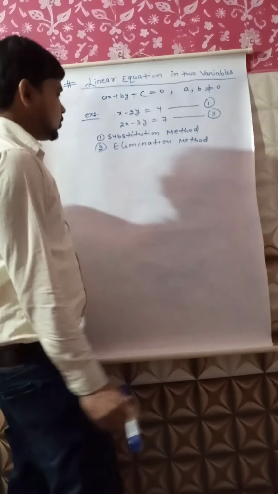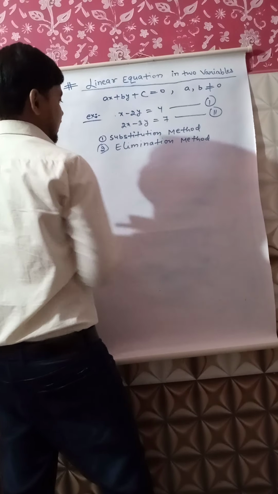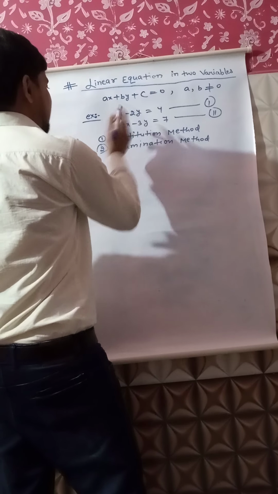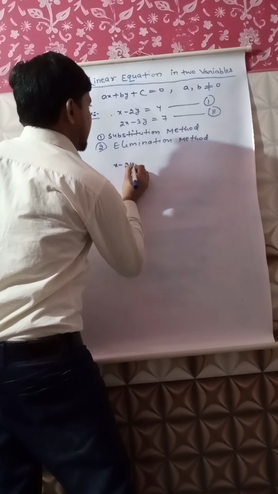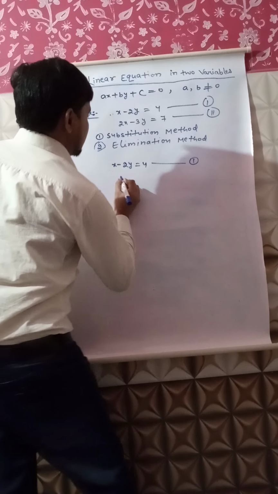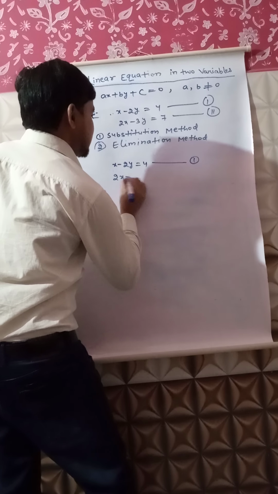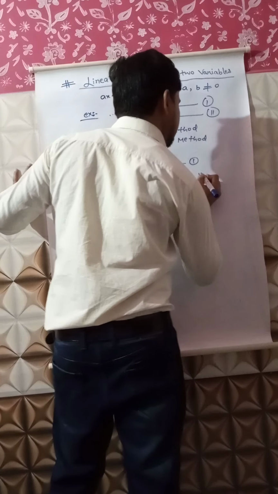Now we are going to elaborate the elimination method. In the elimination method, our equation is x minus 2y is equal to 4, this is our first equation, and 2x minus 3y is equal to 7, this is our second equation.